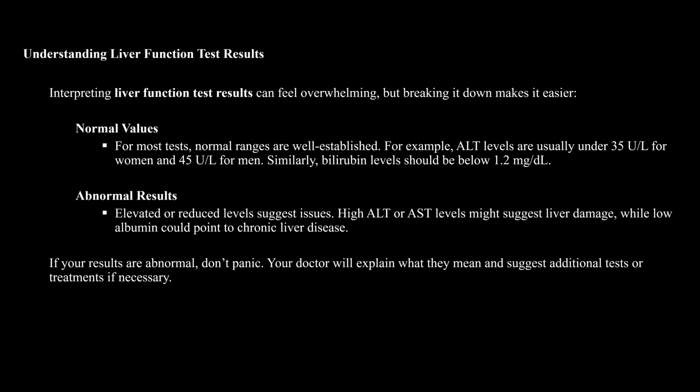Bilirubin level should be under 1.2 mg/dL. Abnormal results: high ALT and AST indicate liver damage; low albumin may point to chronic liver disease. If the result is abnormal, do not panic. Your doctor will explain the results and advise additional tests or treatment if necessary.